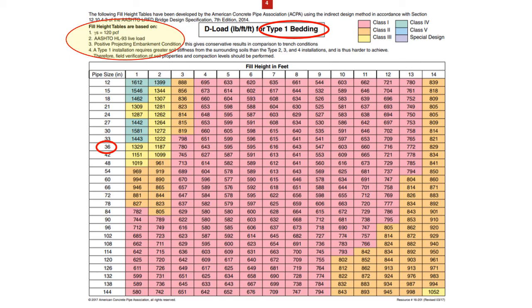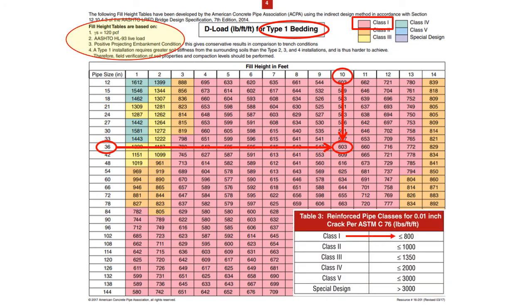So we're looking at a 36-inch pipe with 10 feet of cover, and in this instance we are able to use a Class 1 pipe for our design. Remember, as the soil structure increases, using better soils and better compaction efforts, the lower the strength class of pipe that is required.